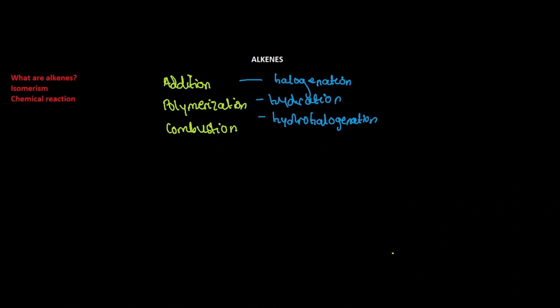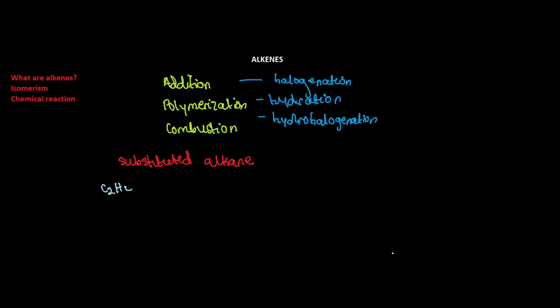Now let's start with halogenation. Halogenation is simply the addition of a halogen to an alkene to form a substituted alkene. So when an alkene undergoes a halogenation reaction, what is formed is a substituted alkene.